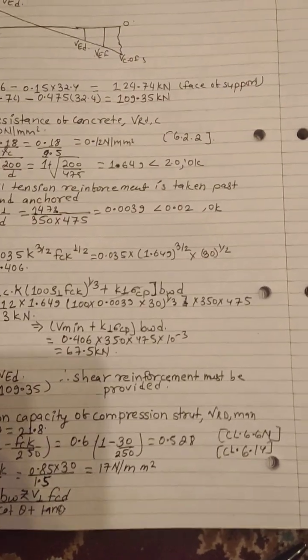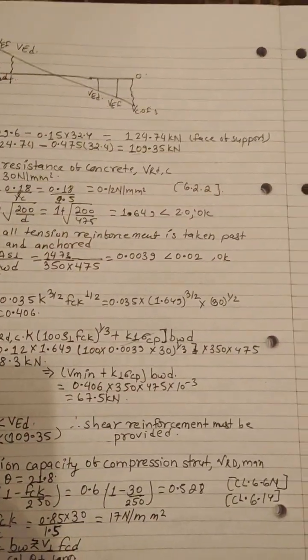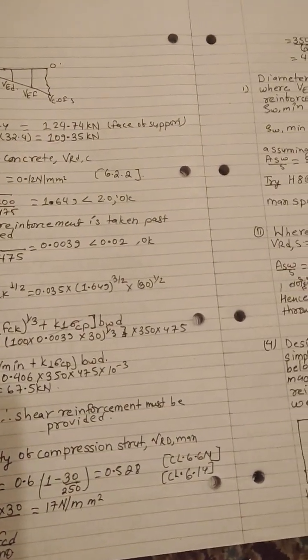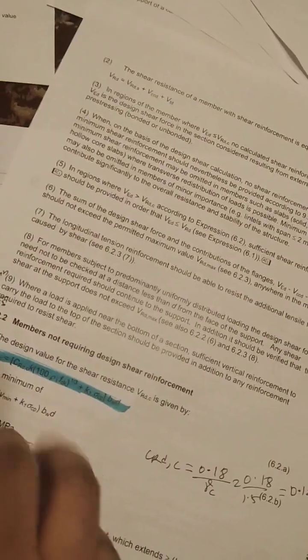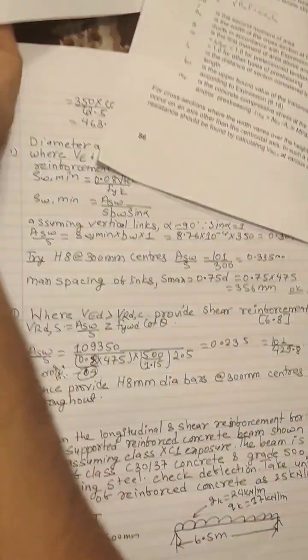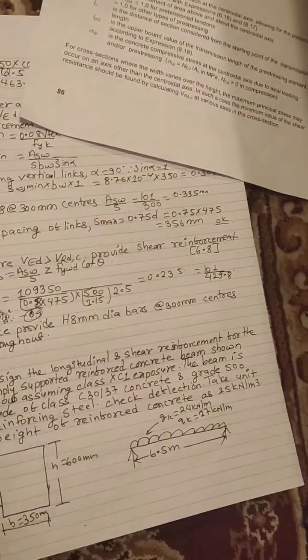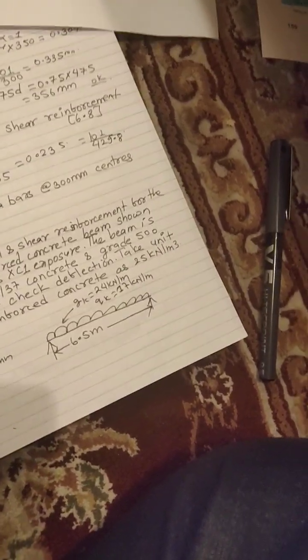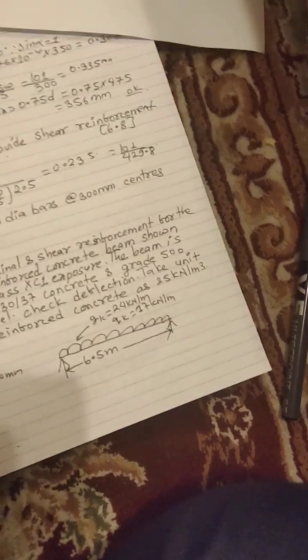Okay, and that is for the minimum case, but in our case we have the BED greater than BRDC, so we need to go to clause 6.8. Okay, I'll go to clause 6.8.3.